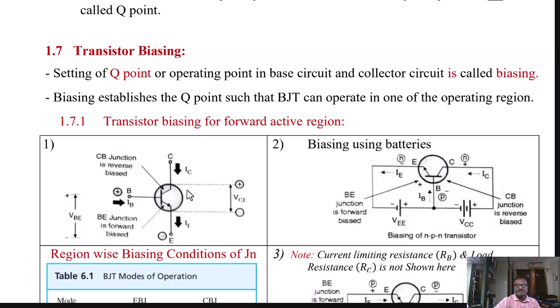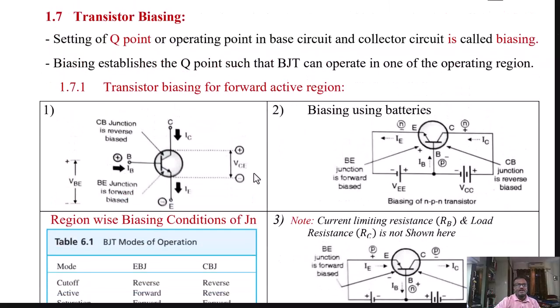So establishing voltage and current relationship in the input circuit can develop the corresponding voltage and current in the collector circuit and decides the value of VCQ and ICQ in terms of circuit components.